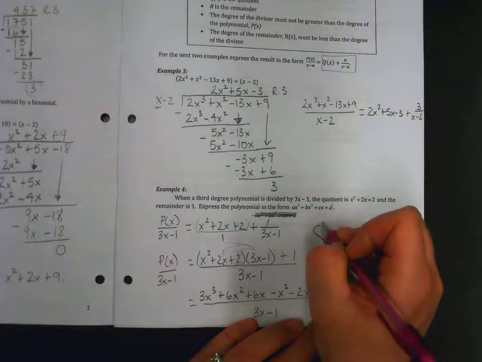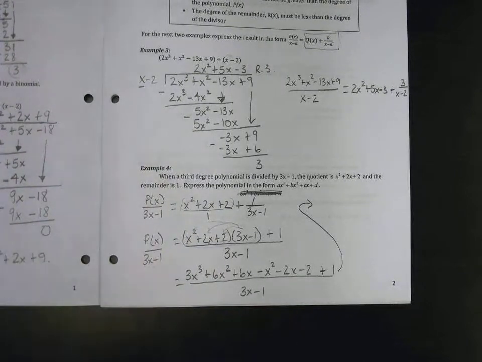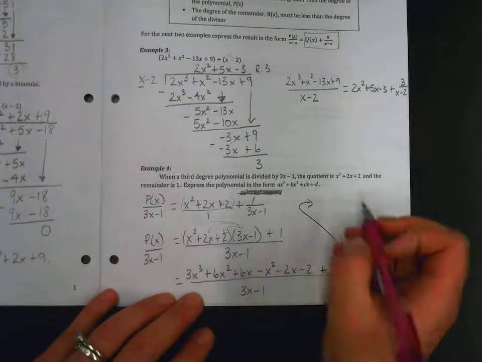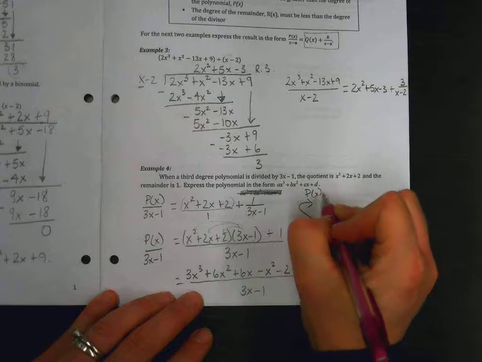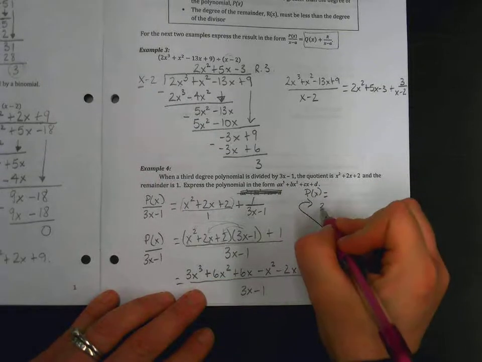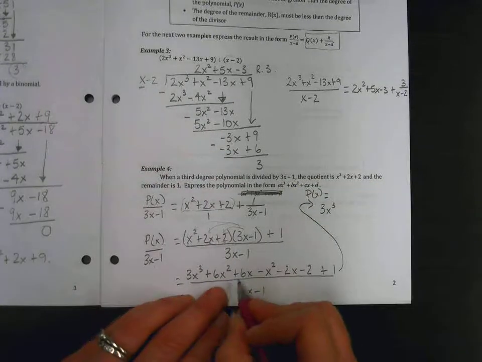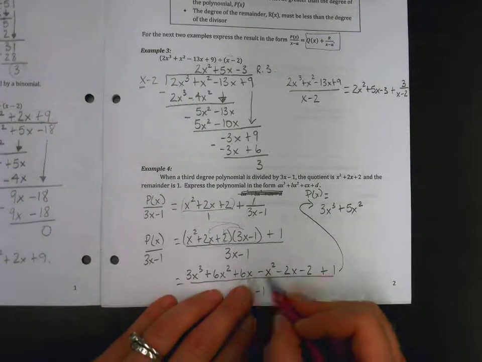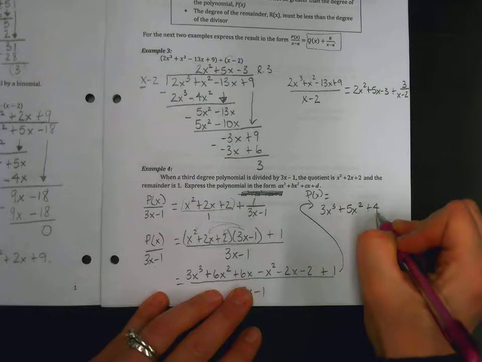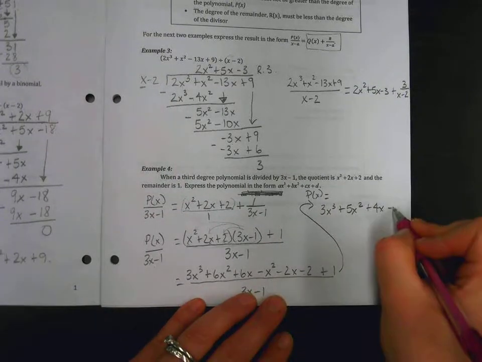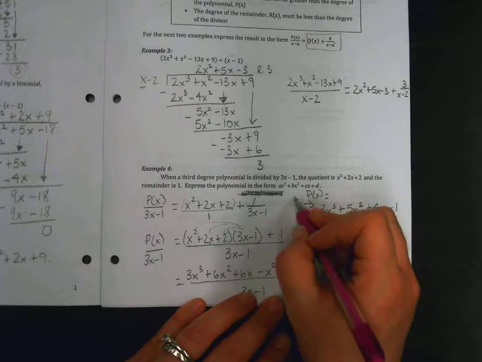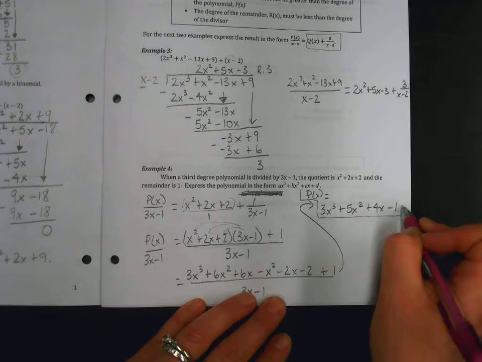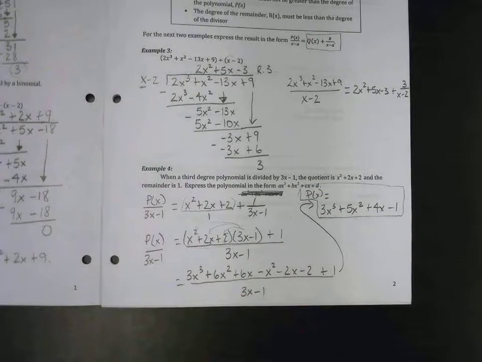When we collect our like terms, we end up with a polynomial. So p of x is going to equal 3x cubed plus 5x squared plus 4x minus 1. And this ends up being the polynomial that it's asking us for. And that is the remainder theorem, part A. We'll get into the second part.